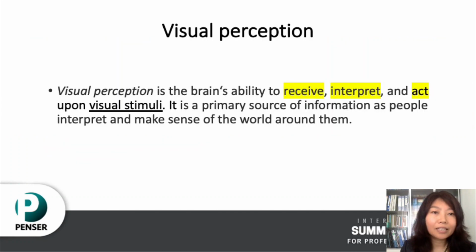So here is visual perception. Visual perception is the brain's ability to receive, to interpret, and to act upon visual stimuli. It is a primary source of information as people interpret and make sense of the world around them.